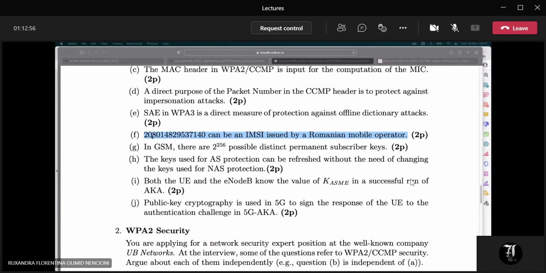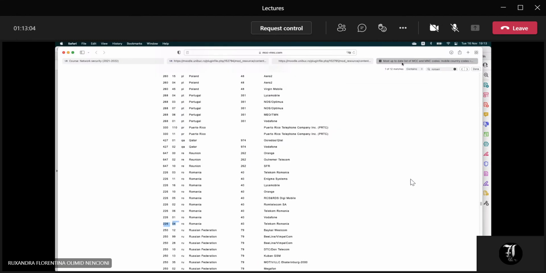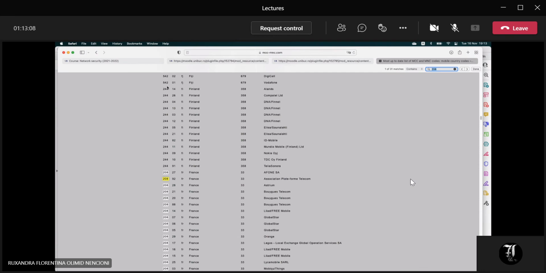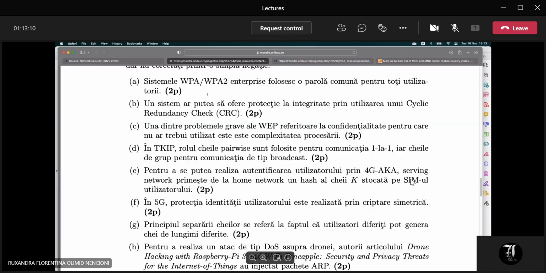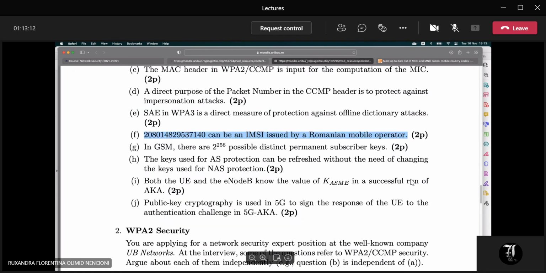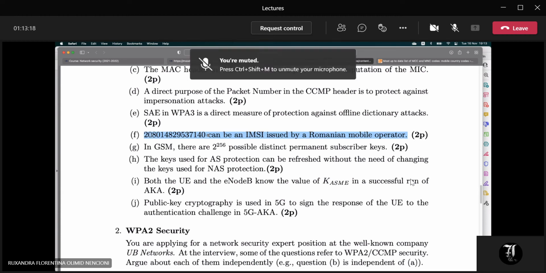That was false, and it was asking to make it true. It was issued by a French mobile operator because we look here and we see 208. 208 is France. Or if not, you can just change it and put here 226. So you can also expect this kind of exercises for the final exam.